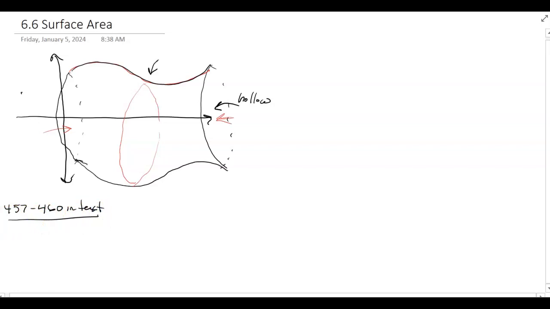It is unlike the others, such as volume and arc length. It is way more detailed. So if you want to do that, you can look there. I'm just going to show you an overall general concept of where this integral is going to come from, because I think understanding that general concept is really going to help you memorize it. Because ultimately, when you see this formula, you have to memorize it.